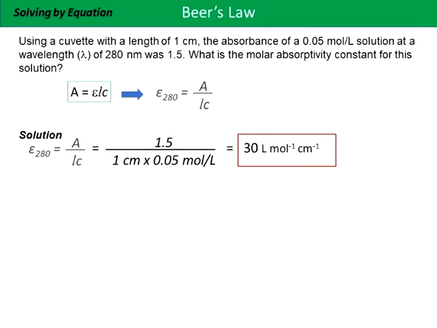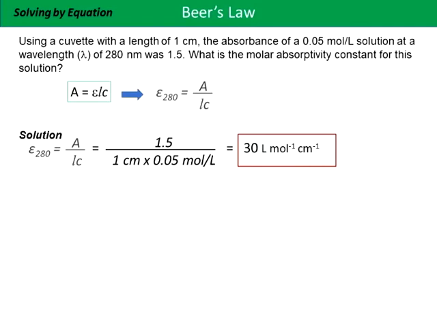We take the Beer's law equation, A equals epsilon times length times concentration. We arrange it as shown here, where epsilon equals the absorbance divided by the path length times the concentration.